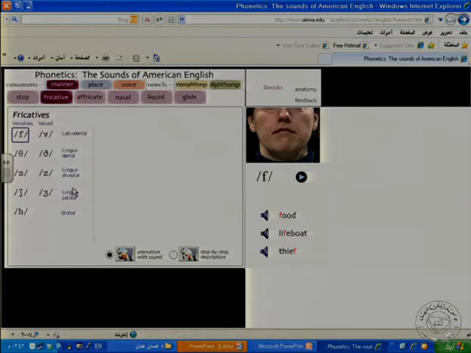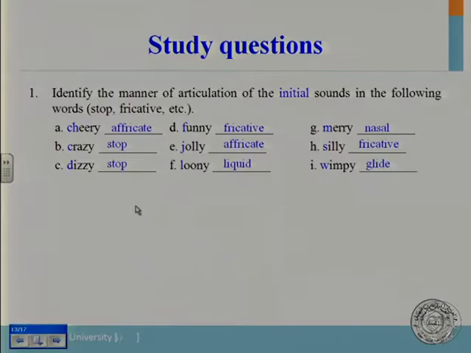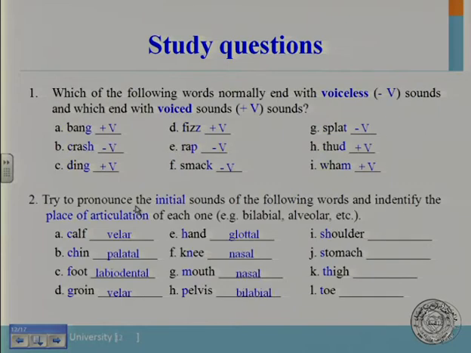Let us take one more example, as in z. See the vibration here? This is called as, who can remember this one? The name of this? If you go back, the glottal chords.